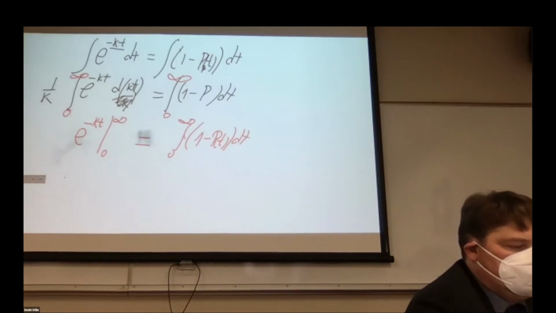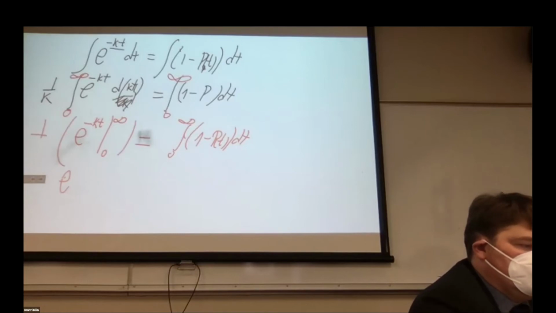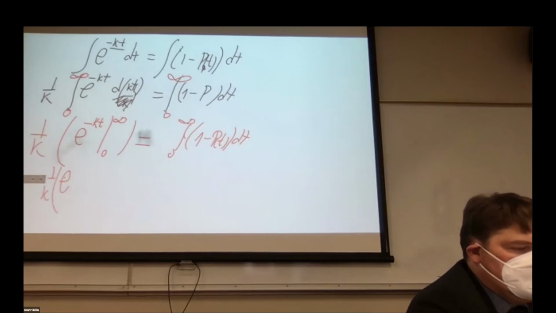And then we do have 1 over k. So 1 over k times e to the power minus infinity minus e to the power 0.